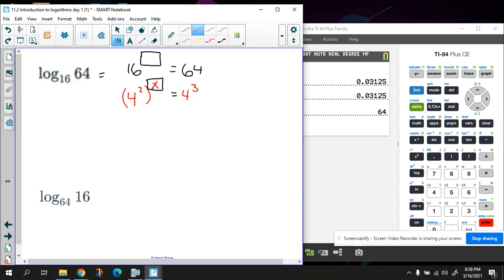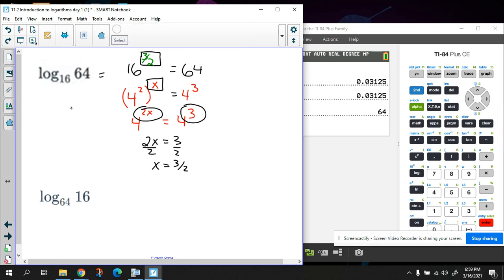Our goal, fill in the box. So let's write this one as 4 raised up to the 2x, and this one as 4 raised up to the 3. If there's an equal sign and they have the same base, then these exponents have to be equal to each other. So little equation, 2x equals 3, divide by 2 tells me my correct answer is 3 halves. If I took the time to check, you could do 16 to the 3 halves should equal 64.